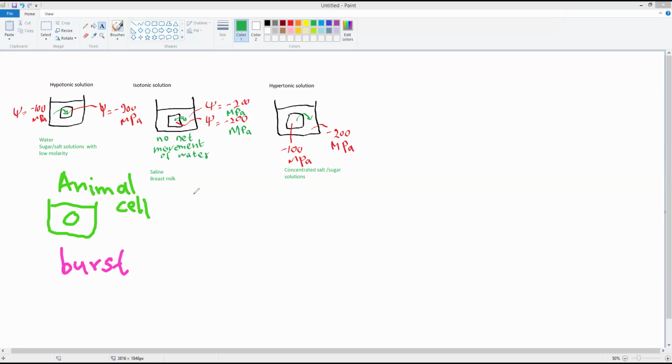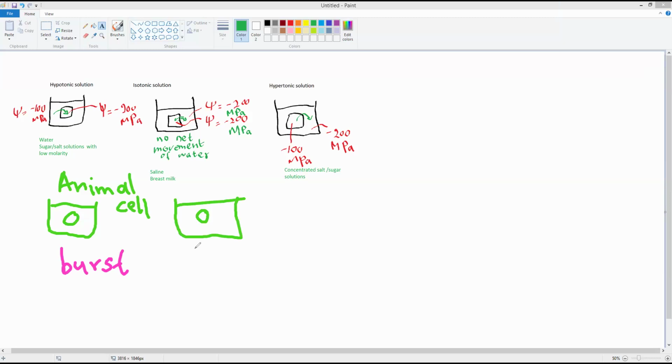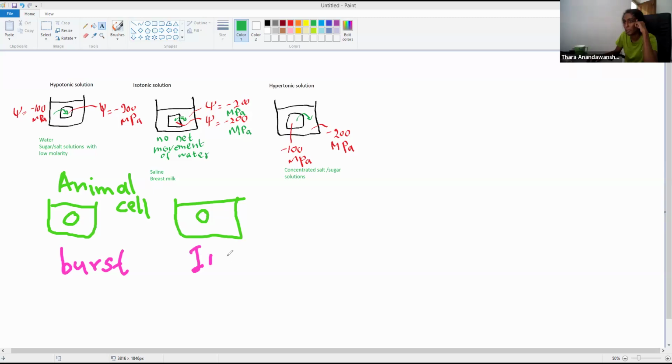Right. Then if you put this animal cell in an isotonic solution, what will happen? It will remain as it is. That means it will remain intact. Intact is not used much in your syllabus, but it is the correct term to say that nothing would happen.